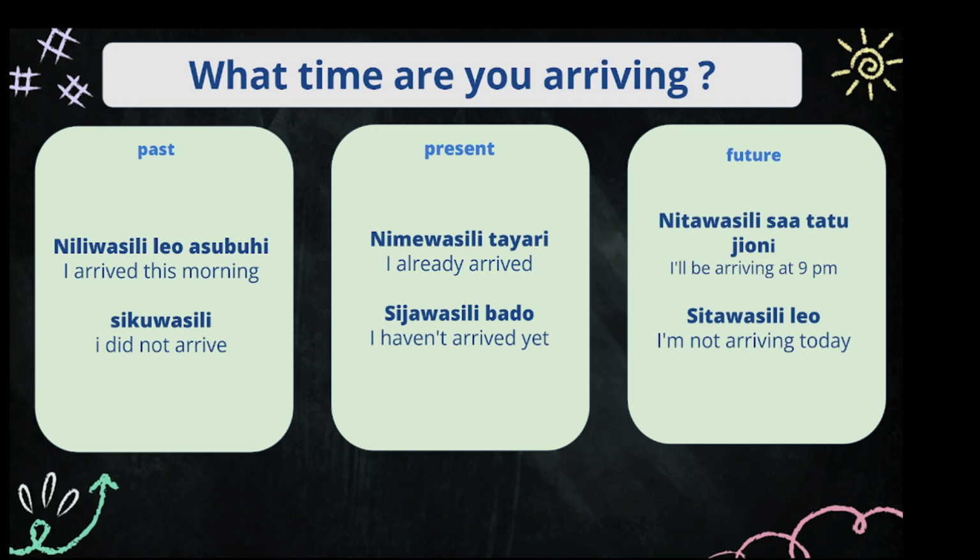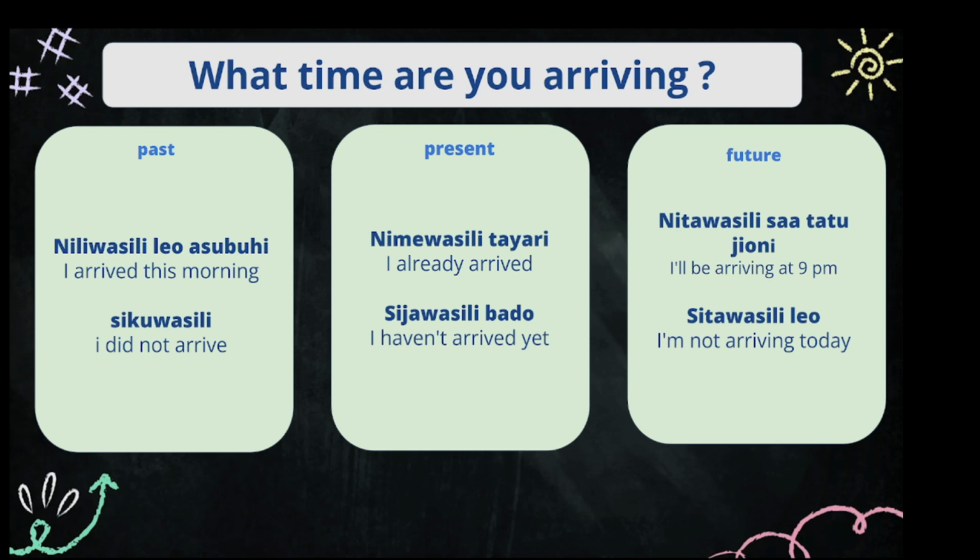What if you want to tell them, plane's landing a little late, so you will be arriving at 9 p.m.? Nitawasili saa tatu jioni. Notice that 9 p.m., when you do this, the clock in Swahili, it's actually 3. So tatu is not really 9. Tatu is 3.